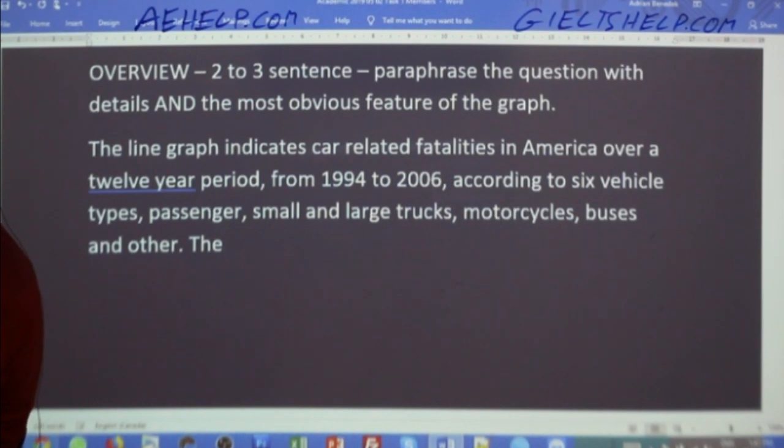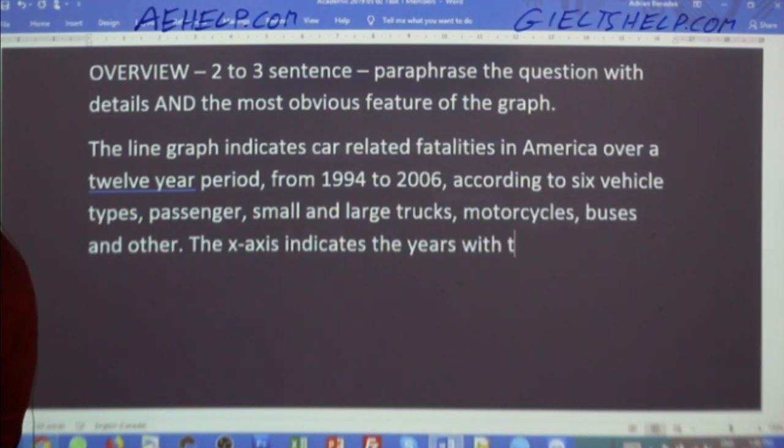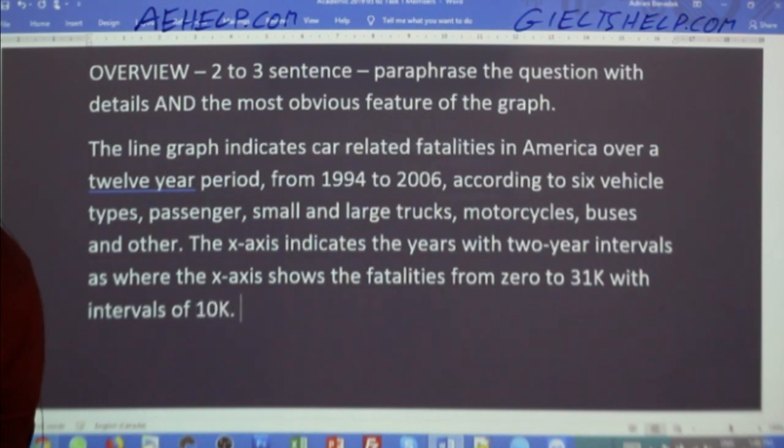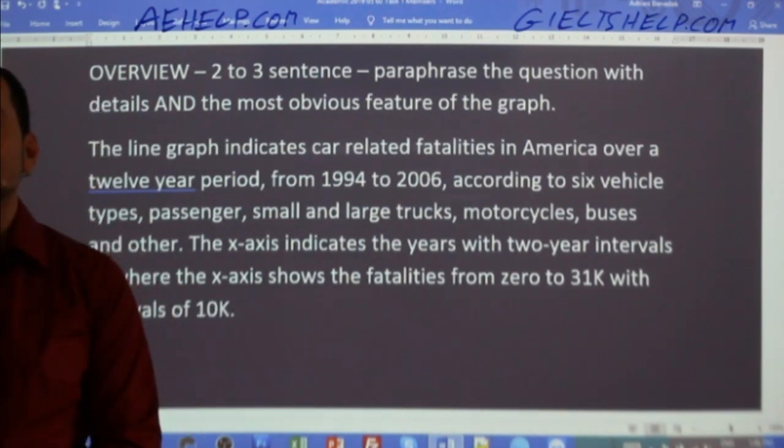The x-axis indicates the years with 2-year intervals, as where the y-axis shows or reveals the fatalities from 0 to 31,000 with intervals of 10,000. Sure, it's great. Okay, doing fantastic.